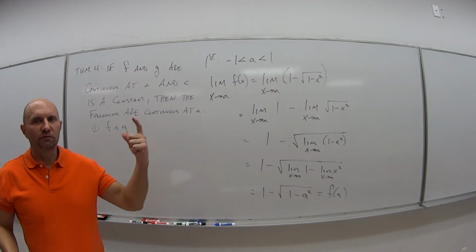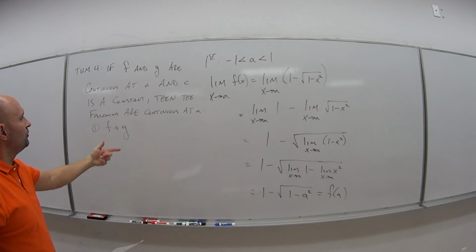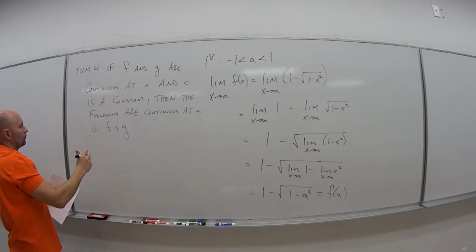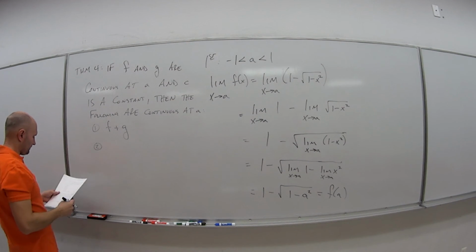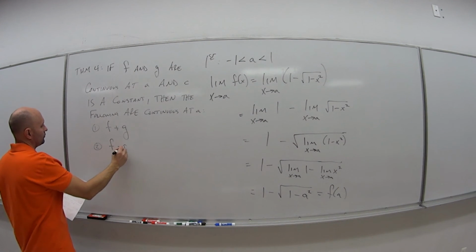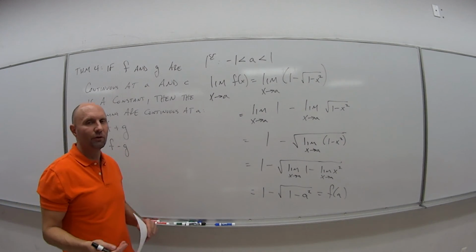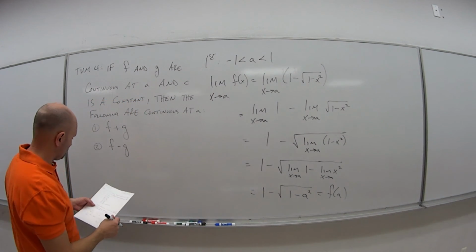Function f plus function g is continuous at A if both of those functions were continuous at A. The difference, f minus g, also continuous at A if the individual functions were continuous.